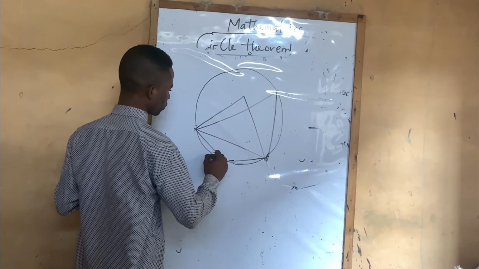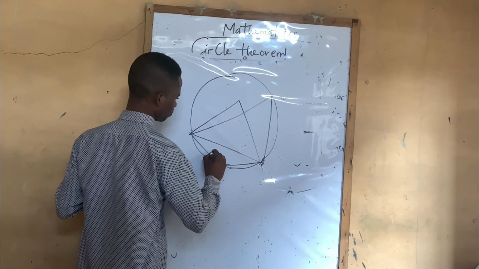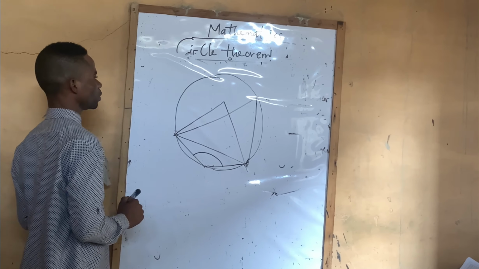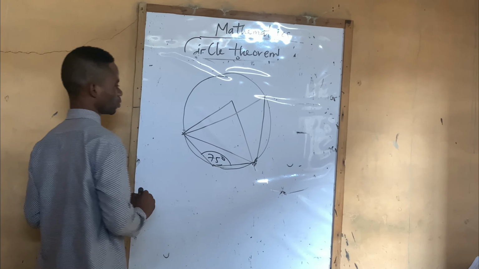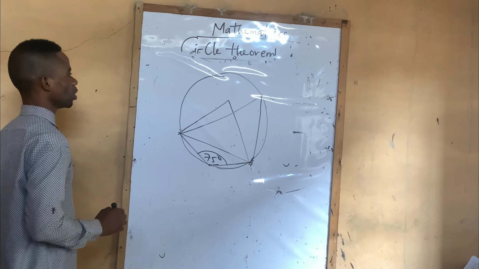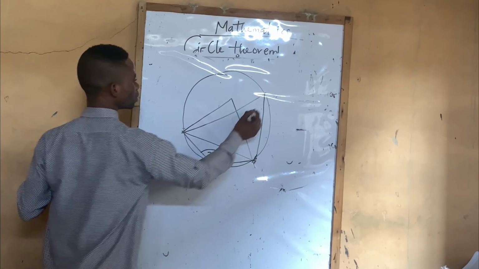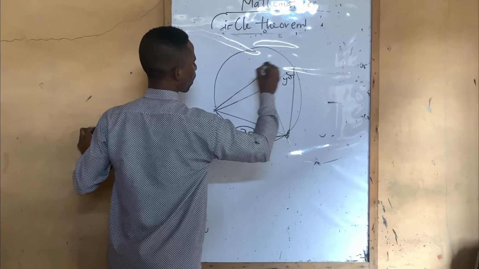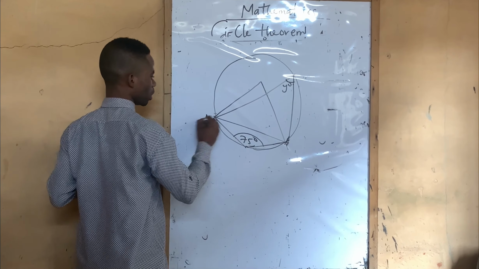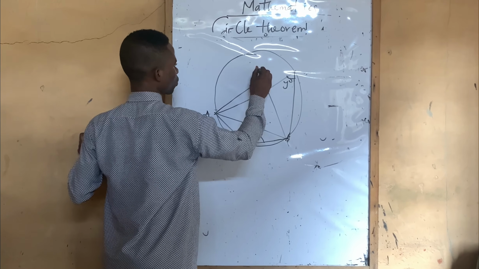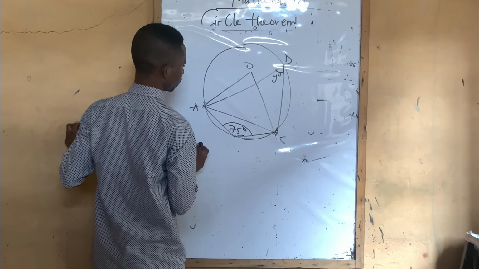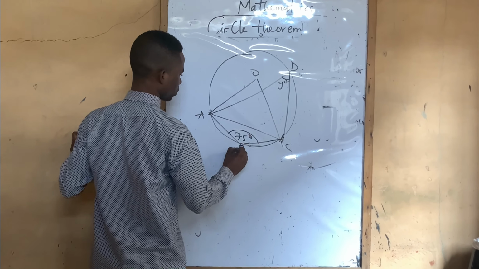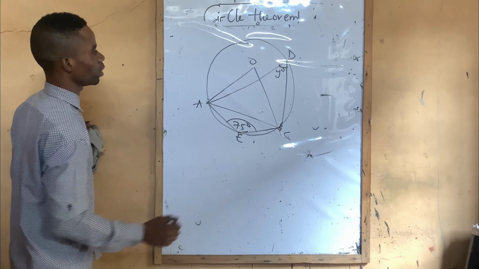Let's say I'm having something like 75 here. So they now ask me to find, they put y here. Let's say this one is O, C, D, whatever the label is.